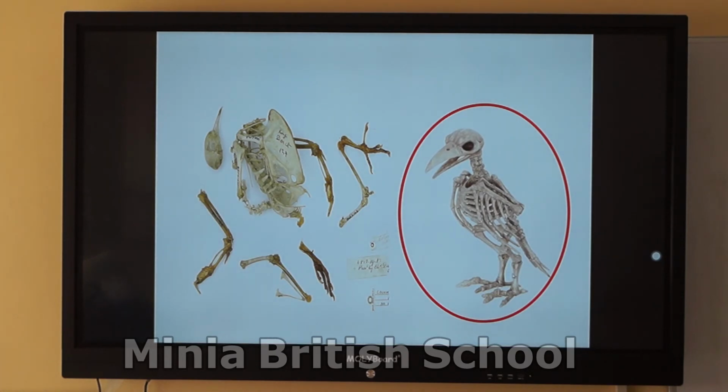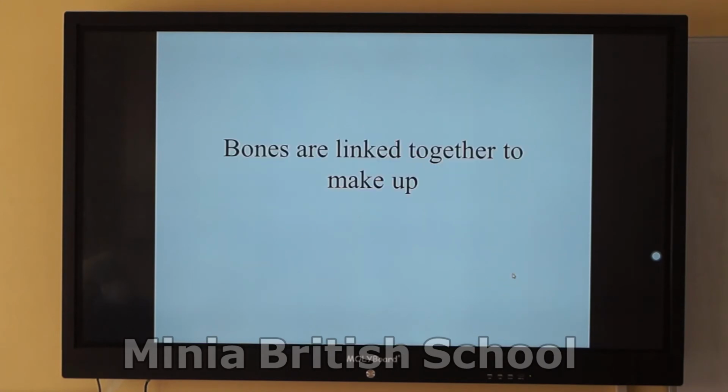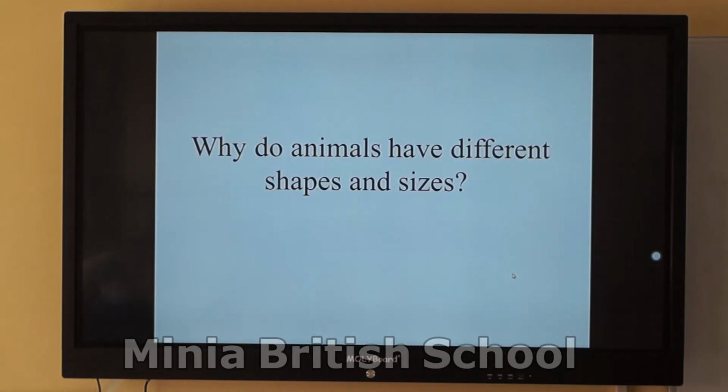Okay. Now I have a question. Why do animals have different shapes and sizes? At the beginning of our session, we said that there are many animals and these animals are different according to many things, for example, shapes and sizes.